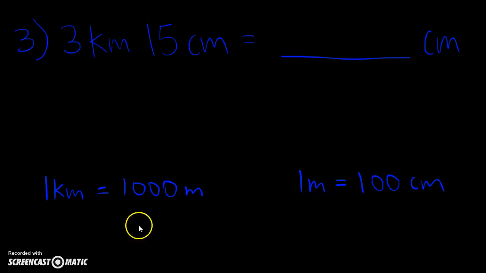So one big kilometer packet gives me 1000 pieces of meters, 1000 of these small meter units. And one of these meter units gives me even smaller 100 centimeter units.